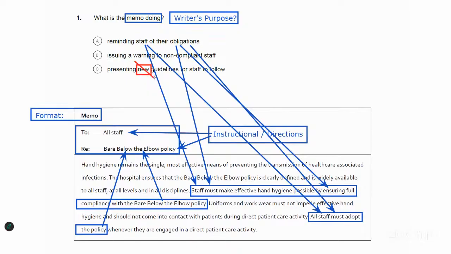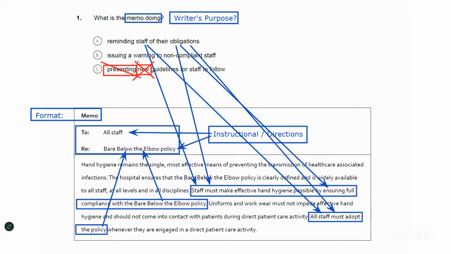They are not presenting anything new. They are not new guidelines. They are already existing guidelines. They are reminding. They are only reminding.